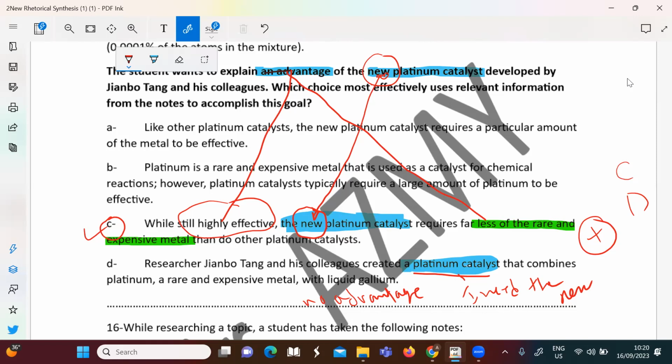There is no advantage in D. He just explained how the catalyst works, and also here he said a platinum catalyst. And the question asked about the new platinum catalyst. Are they the same? No. Okay.